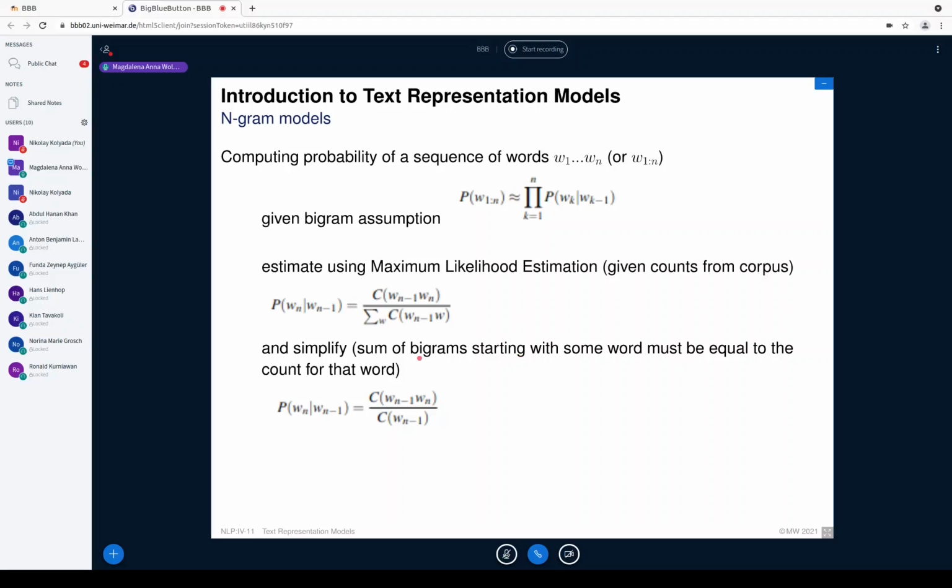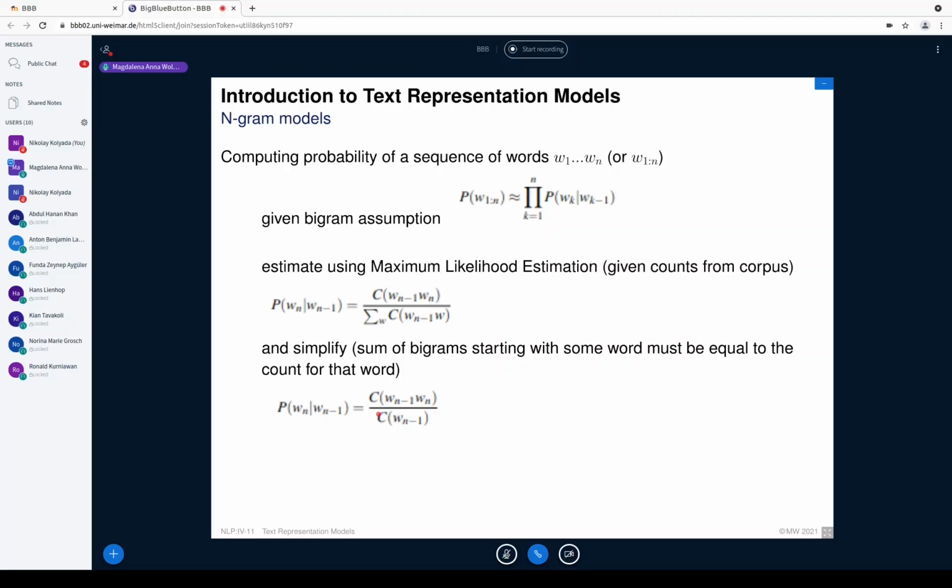But let's simplify it once again, and say that the probability of the bigram-based language model will be a count of the bigram appearing together, so the sequence of the preceding word and the word we are estimating following it, given the count of the previous word only.